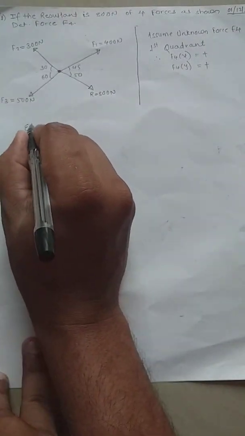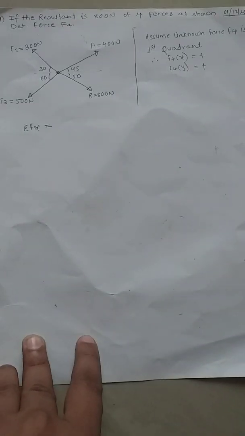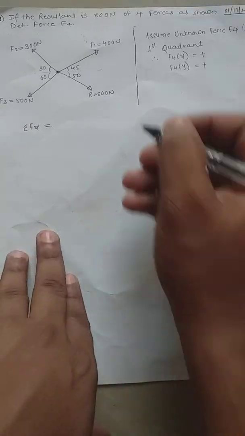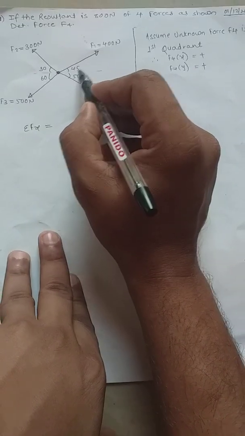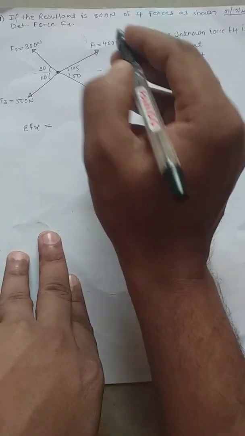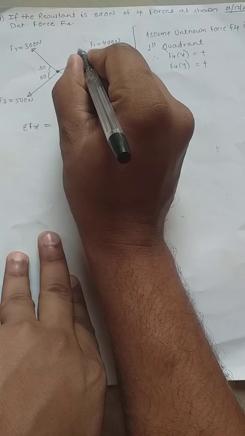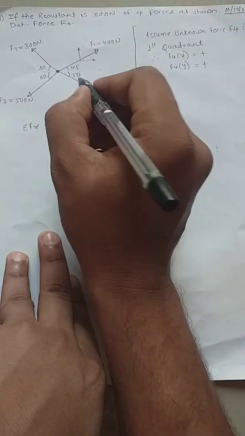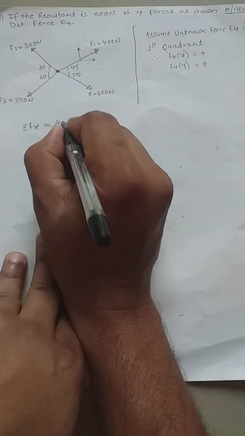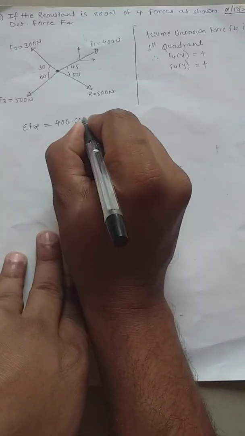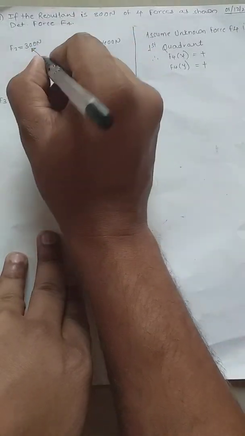So summation of Fx is equal to, F1 is 400 Newton making an angle of 45 degrees, so this will be positive. This will be F1x, this will be F1y, so both will be positive, so this will be 400 cos 45 positive.